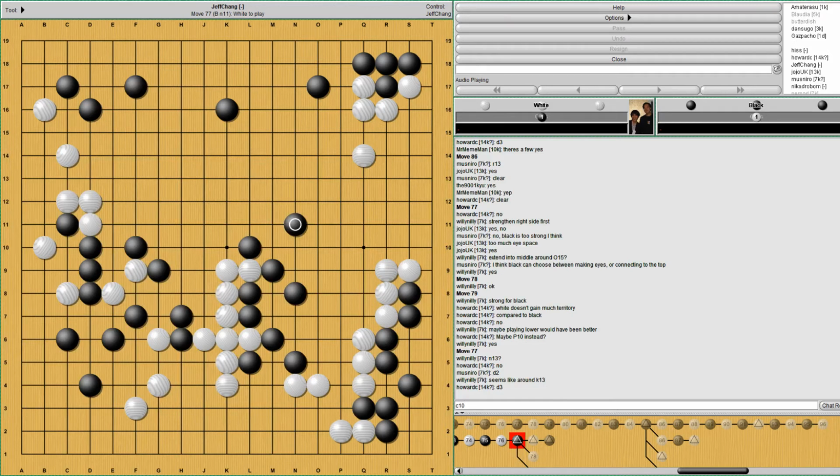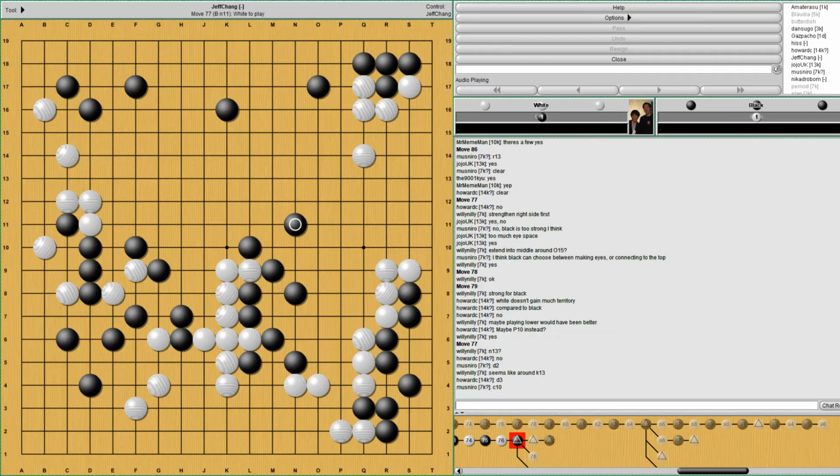D3, okay, so basically the bottom left. C10. C10 may not be too big because actually the B10 stone has already been connected. On the left side you can see B11 and C10 is MI. So on the left side that B10 stone has already been connected, so that area doesn't seem like it is too big. But the bottom left corner is big, yes. Are there any other big moves on the board?